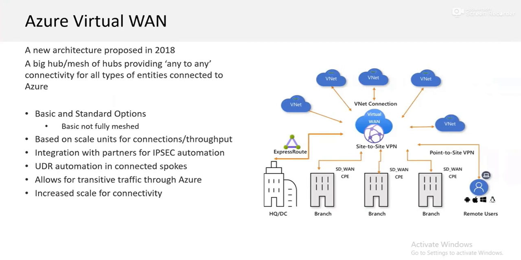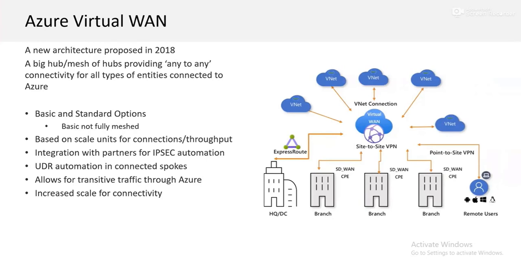So Azure responded with something called Azure Virtual WAN. It was initially proposed in 2018, and the idea is it's built upon hub and spoke, but that hub becomes a managed service. So Azure takes care of the hub portion of this, and then you just plug in your VNets or your on-prem sites into that hub, and the networking is automatically taken care of.